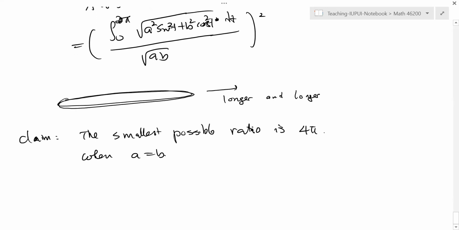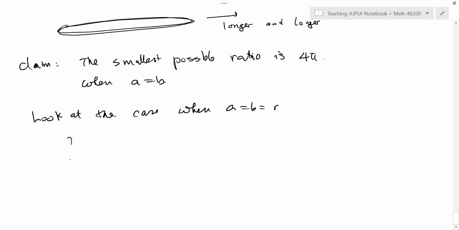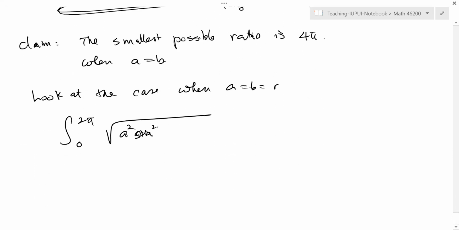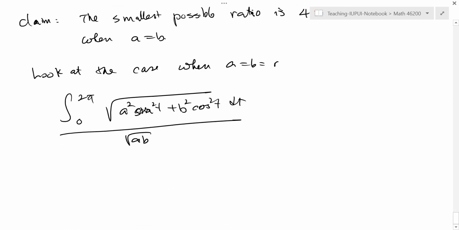Let's look at the case when A equals B equals R. Let's look at this ratio: the integral from 0 to 2 pi of the square root of A squared sine squared t plus B squared cosine squared t dt, over the area.